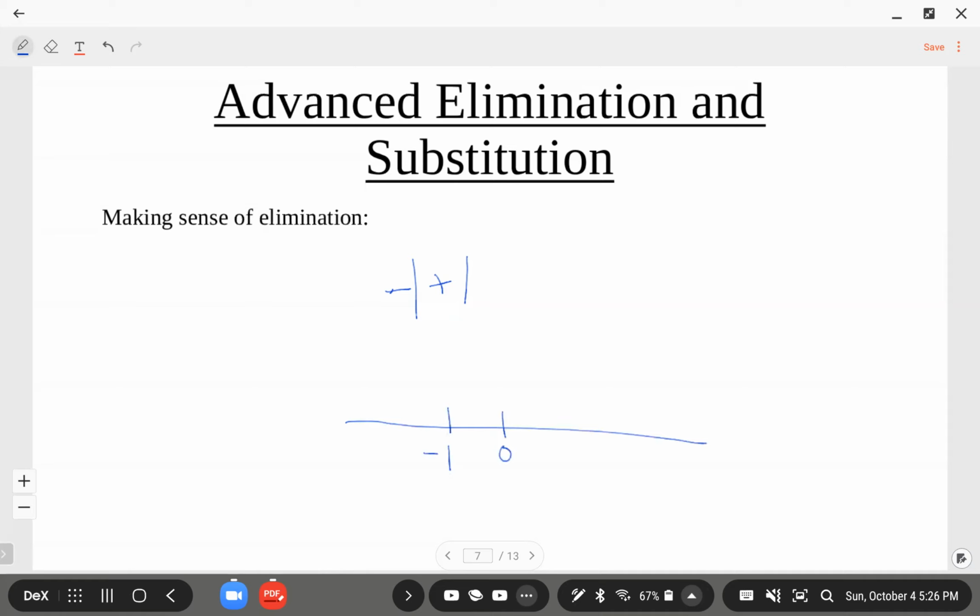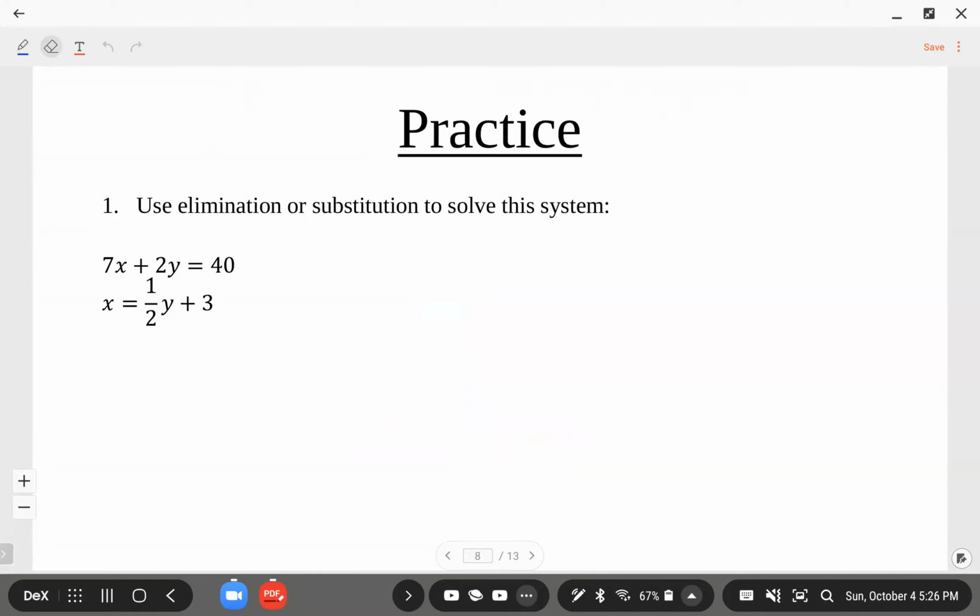This is negative 1. This is 1. So this distance right here, let's just say that's 1. If you have negative 1 and then you add 1, that's just adding this distance. Now what does that do? It fills that negative up to 0 again, right? So I guess that's my simplest way of talking about negatives. Maybe once you use it more, you'll understand it more.